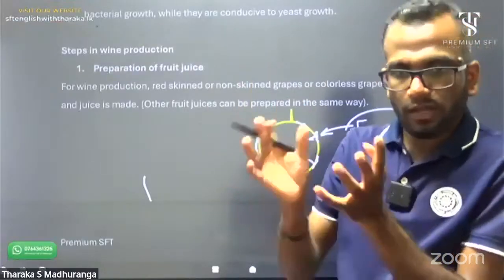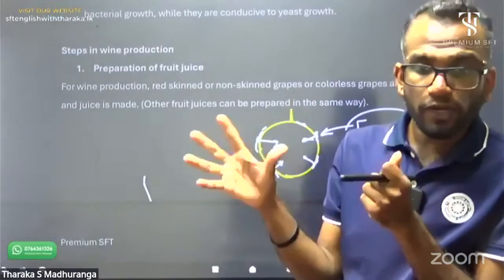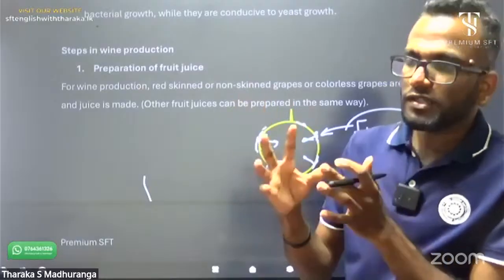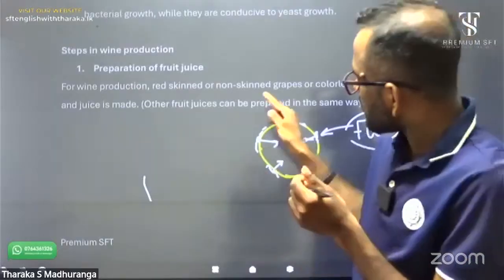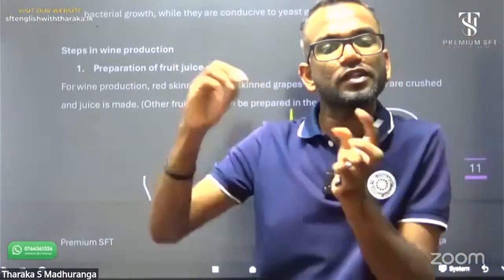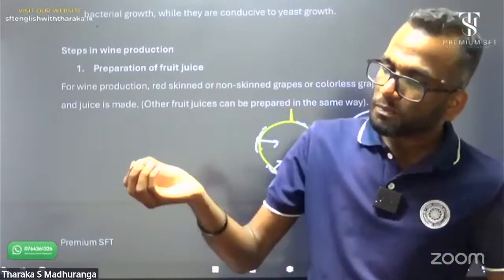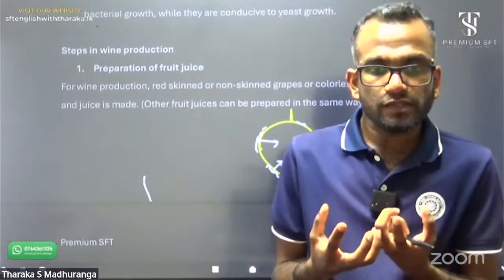Even when we wash, they don't go away. We can't wash with soap because it is fruit. If we wash, only dust particles are removed, but these fungi spots remain, right? When it is crushed and converted into pulp, then what happened? These fungi enter the juice.